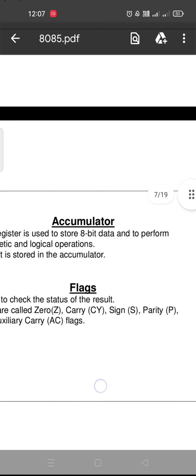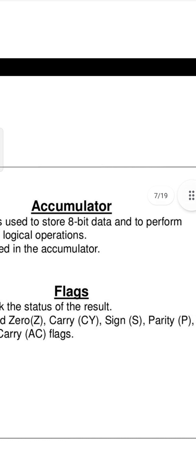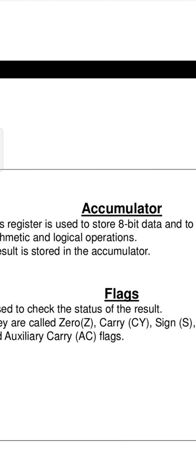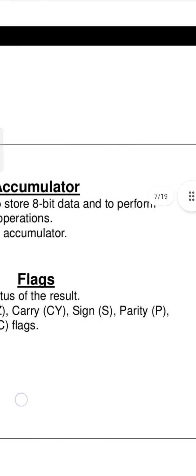If the result is negative, the sign flag automatically goes high, that is, it gets 1, otherwise it will be 0. If the result is 0, the zero flag goes high, that is, it switches to 1, otherwise 0. And if the result contains a carry, then the carry flag will switch to 1, otherwise 0.